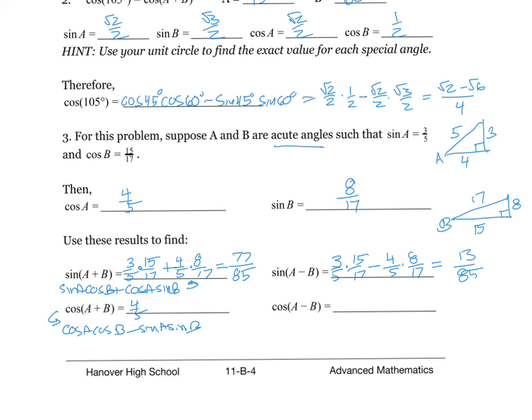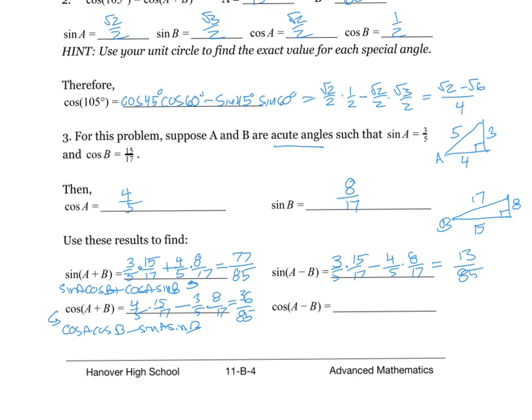Cosine of B was given to me. That was 15/17. Minus sine of A, 3/5, times sine of B, which we figured out is 8/17. Same denominator. Do the math. You're going to get 36/85.